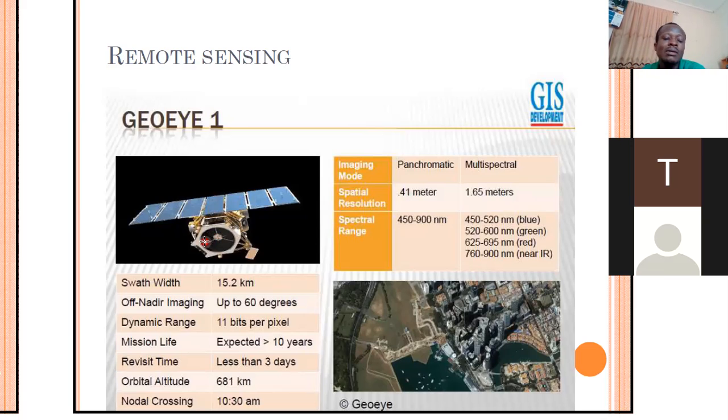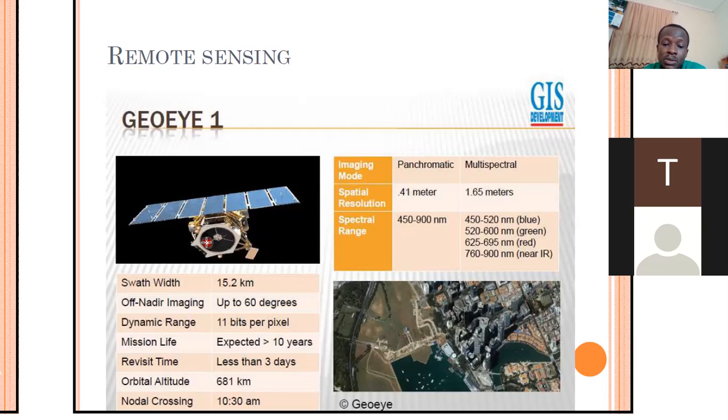So now you can distinguish between the global positioning system and remote sensing, in the sense that the GPS satellites are sending data about their position, and then they are fixing your position on the ground. So you can imagine very precise calculation being done there.